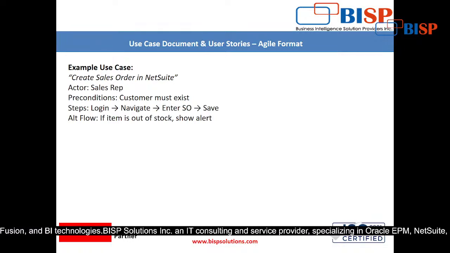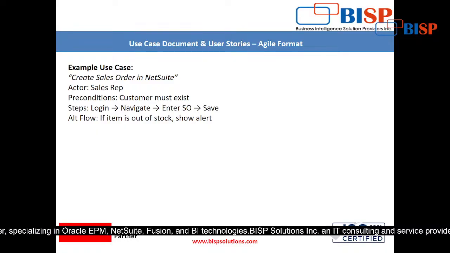Who will be the actor? The sales rep. I just gave this to you a few minutes back: I am a sales rep. Now, preconditions: the customer must exist, number one. Then the steps: login, navigate, enter the sales order, save. Alternative flow: if the item is out of stock, show an alert. So this is called the use case.